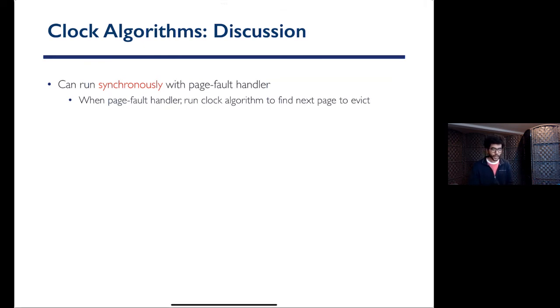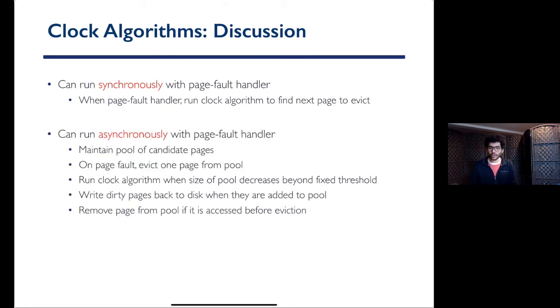This means that your evictions could take a while until you pick the victim and evict it. An alternative is to run this asynchronously, regardless of page faults. You could just run it periodically, for example, and every time you run the clock algorithm, you're going to pick a victim. What do you do with the victim?